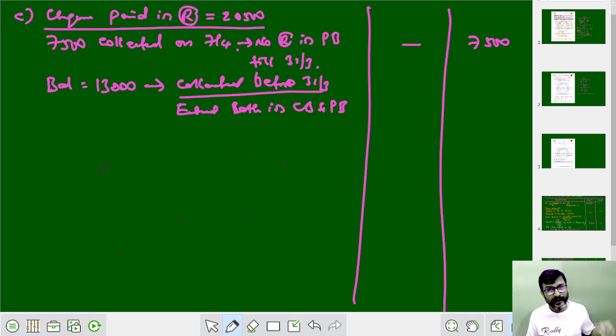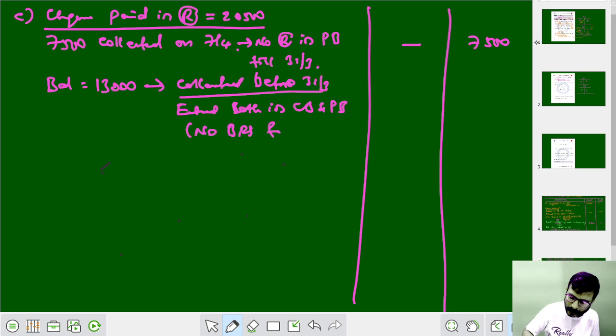Whenever we deposit the check into the bank, first we make the entry in the cash book. Thereafter the banker will collect, then the entry is made in the passbook. So this is entered both in the cash book and passbook. No BRS for this. So it is not to be taken.